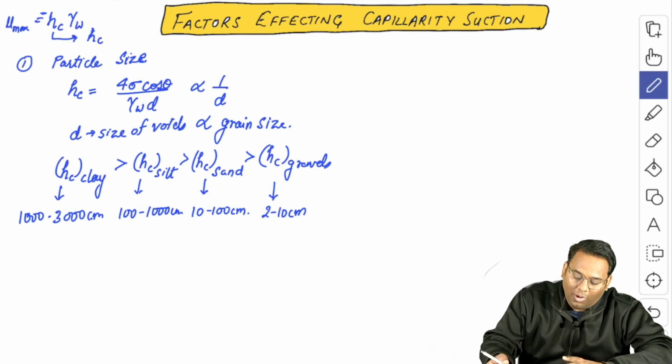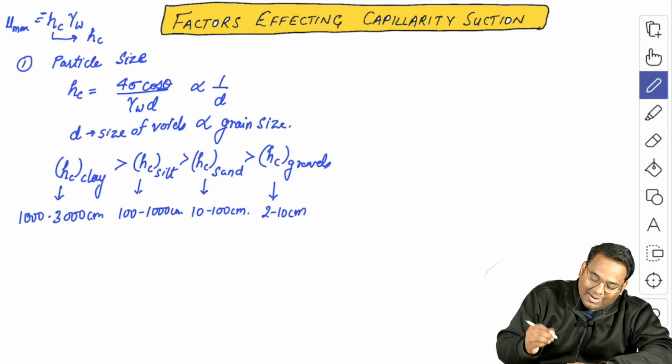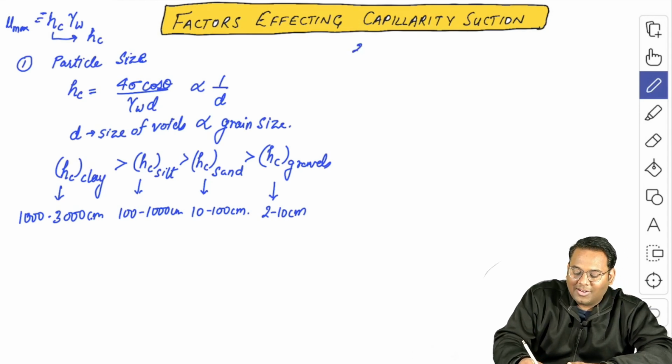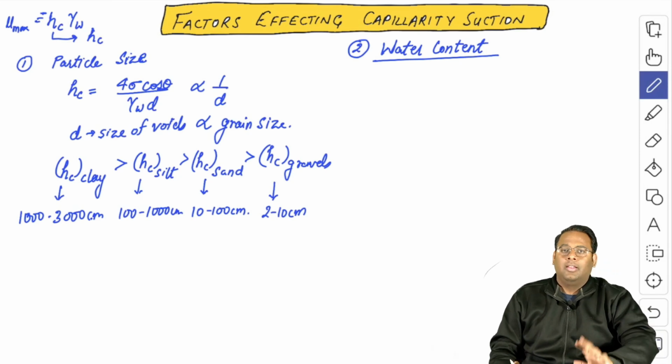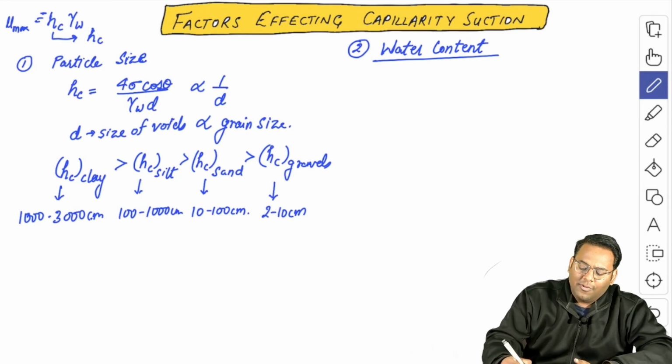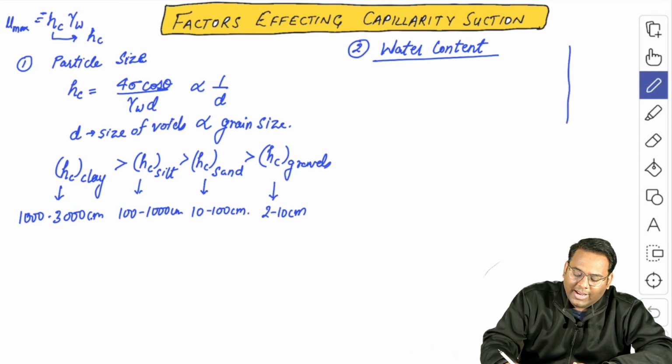Now let us move ahead to the second factor, which is the water content, or you can also write that as the moisture content. See here that we have drawn the capillarity like this, with a curved surface.